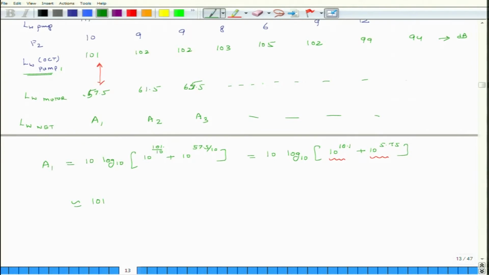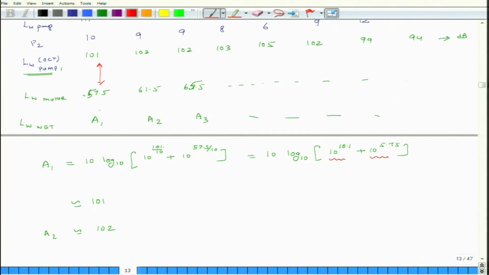Approximately, I mean, it will be changing maybe at the second place of decimal or something like that. Similarly, A2 is the same thing, because these differences are large, something like 30 to 45 decibels. So A2 is also similar, approximately equal to 102 decibels.